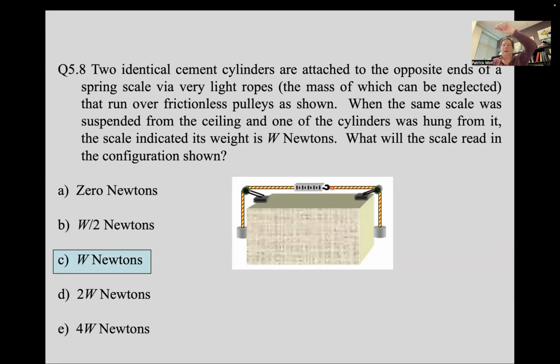I'm hanging the scale, so there's a force of magnitude W tension in the cord below the scale. But if I'm hanging it from the ceiling, there's also a force of magnitude W throughout the cord above the spring scale. So this is what it means to read a force of W. The spring scale is in equilibrium and it's being pulled by a force of magnitude W in both directions.